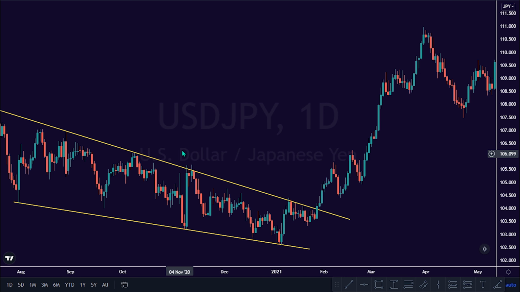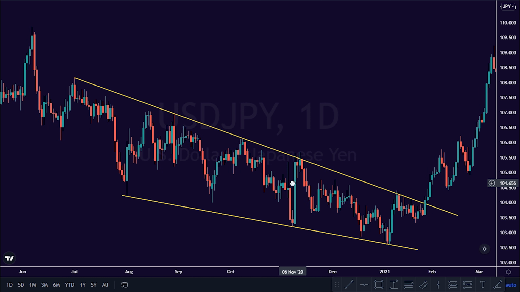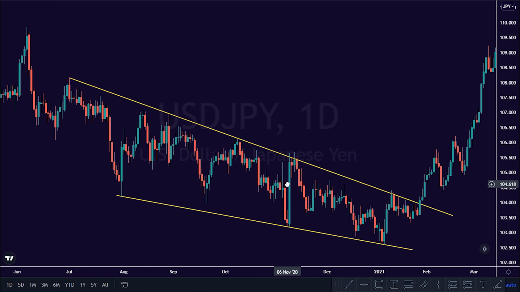Before ever planning to implement the wedge pattern for a trading strategy in the market, there are some key factors traders need to ensure in order to determine the genuineness of this long-term pattern. These key factors are: number 1, a reliable wedge pattern must have well-filled edges.